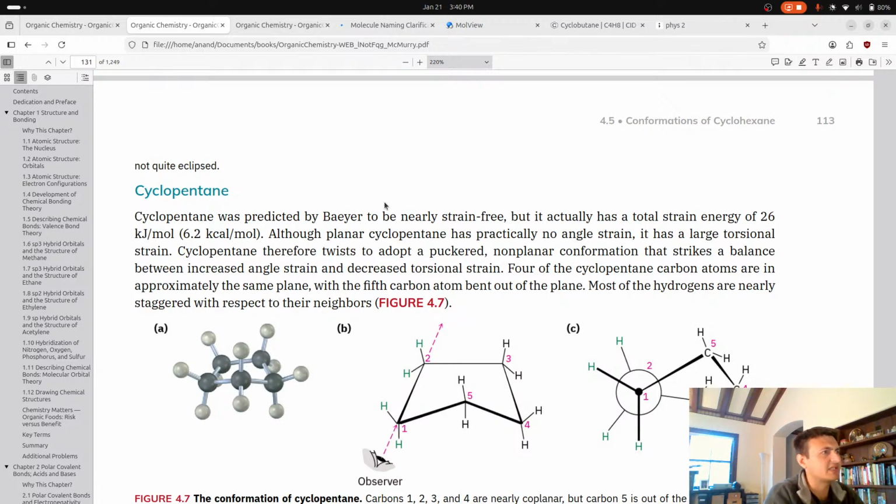Although planar cyclopentane has practically no angle strain, it has a large torsional strain. Cyclopentane therefore twists to adopt a puckered non-planar conformation that strikes a balance between increased angle strain and decreased torsional strain. Four of the cyclopentane atoms are in approximately the same plane, with the fifth atom being bent out of plane. Most of the hydrogens are nearly staggered.